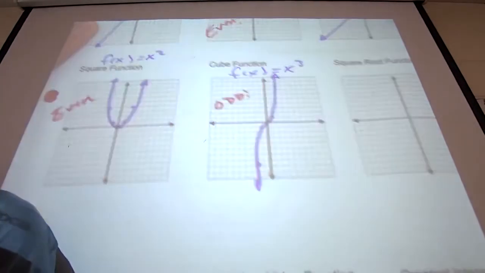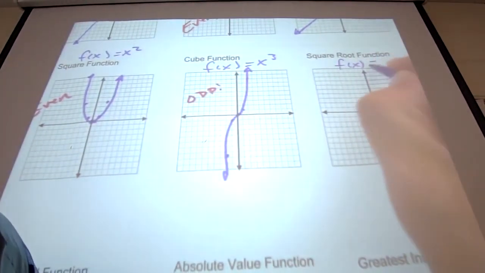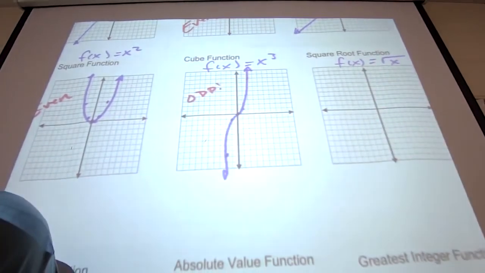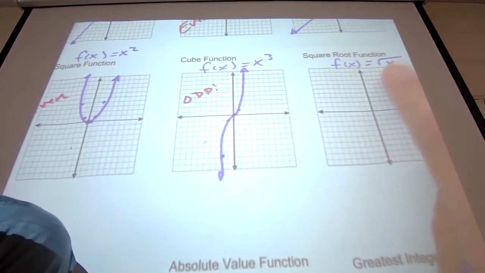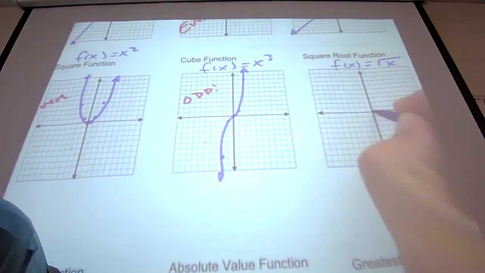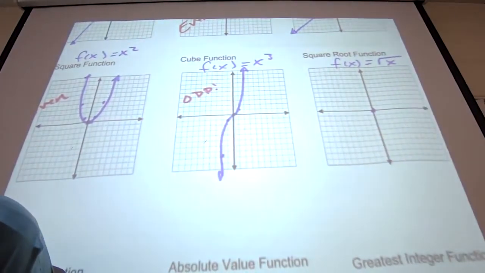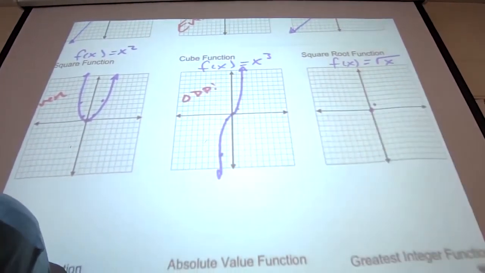The next one we have is the square root function. The square root function looks like this. I've got f of x equals the square root of x. Remember, you can't have square roots of negatives, so there's nothing on the left side of the y-axis. But you can do 0, the square root of 0 is 0. I can plug in 1, the square root of 1 is 1, so 1, 1. And I can do 4.